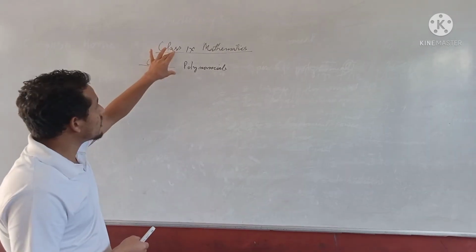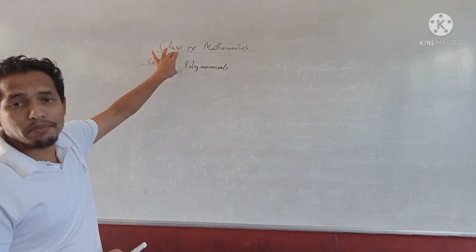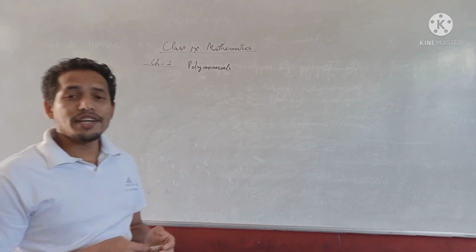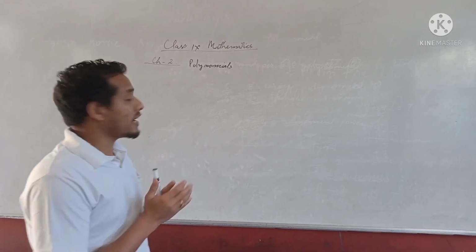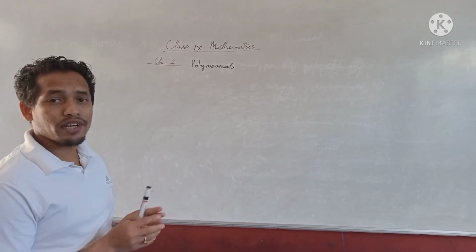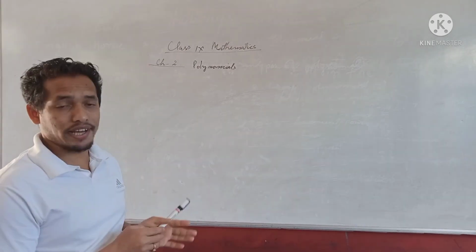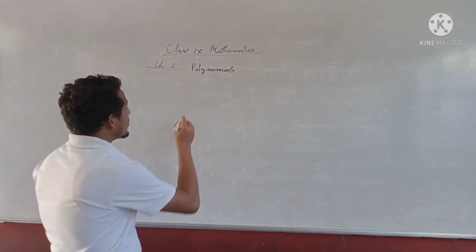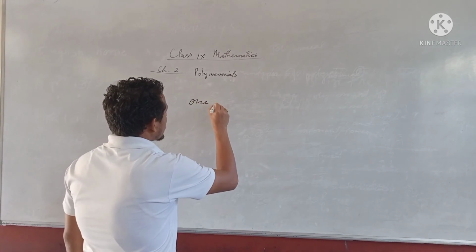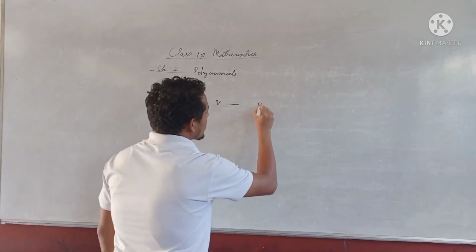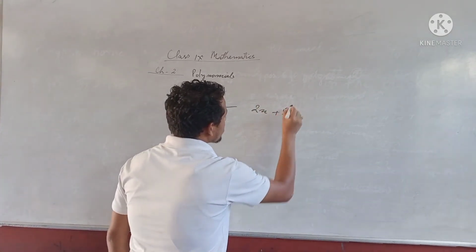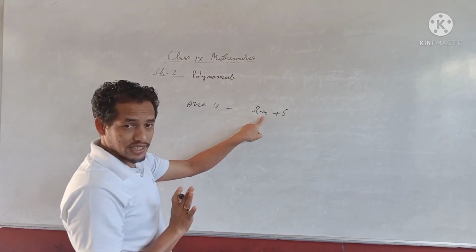First of all, about these polynomials, you have to know how to identify a polynomial with one variable and two variables. For example, one variable means something like 2x plus 5. It is one variable because only x is there.